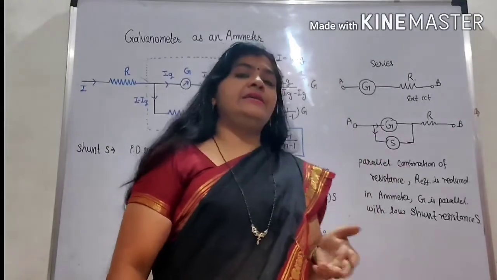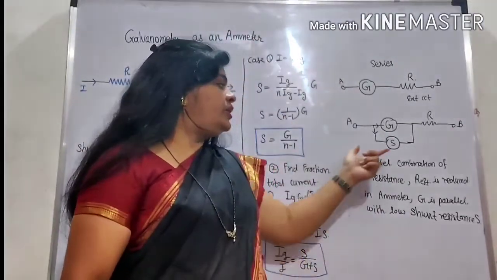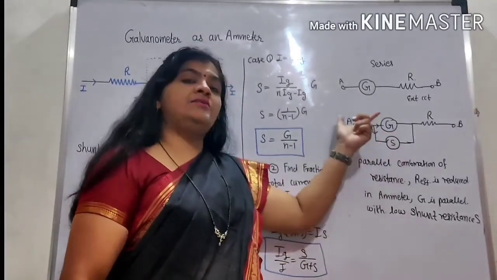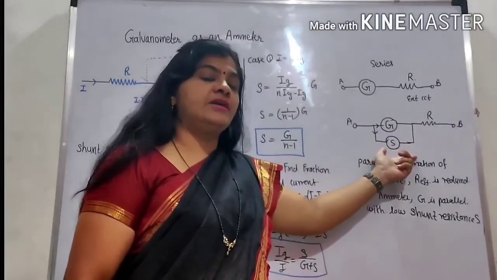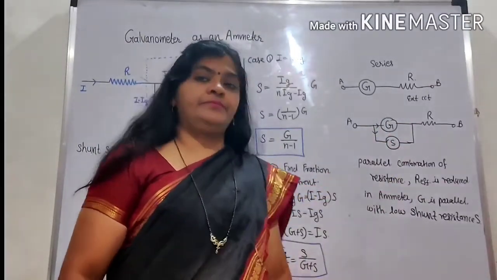That's why we can say the galvanometer can be converted into an ammeter when we connect a shunt resistance of low value in parallel to the galvanometer.